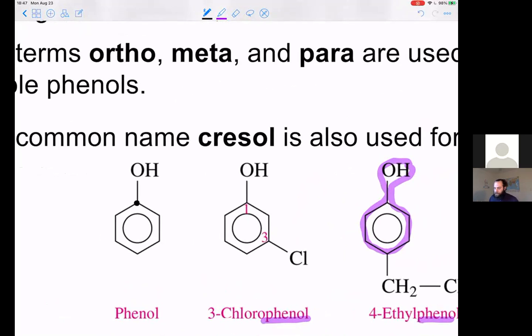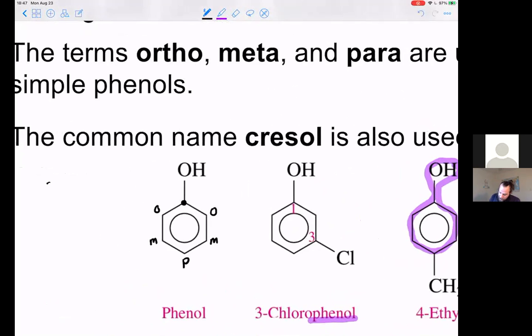That's what makes a phenol a phenol. The ortho position is the next door neighbor. The meta position is one more removed, and then the para position is on the other side, okay? I think about this as OMP, and I kind of say it like OMG as a way to hammer it into my brain, but starting off close to that substituent, it's OMP. Those are these different positions, okay?